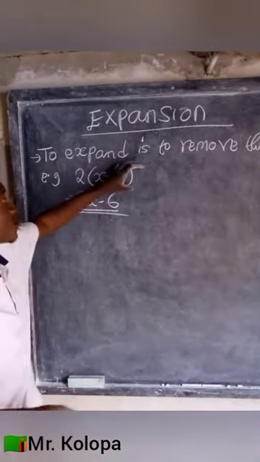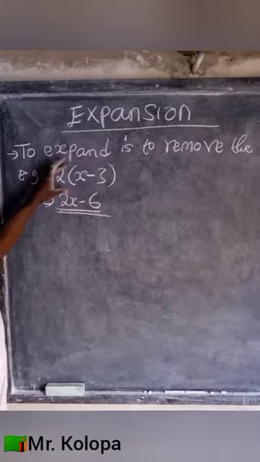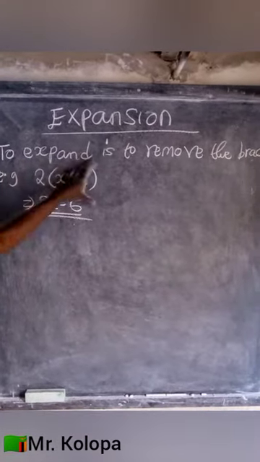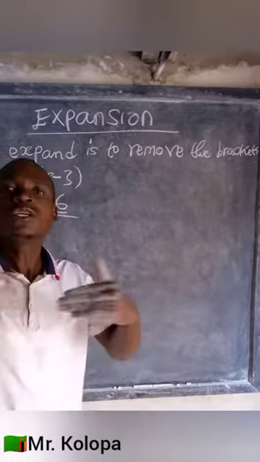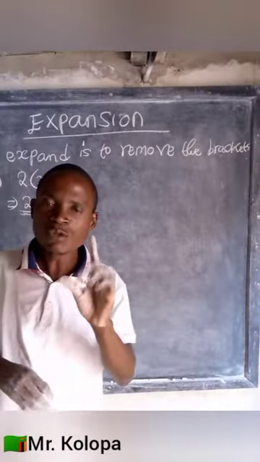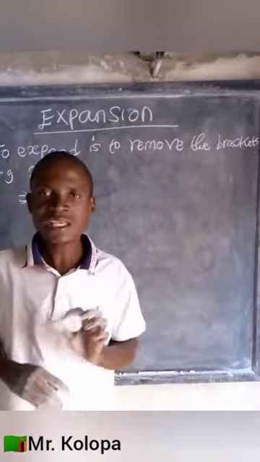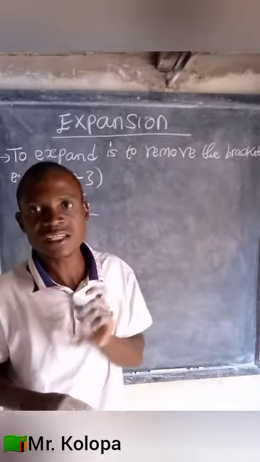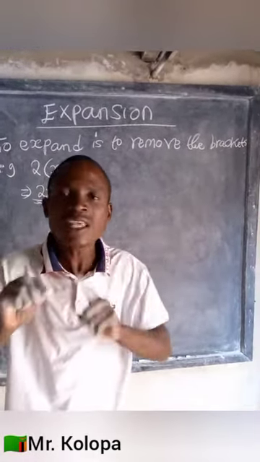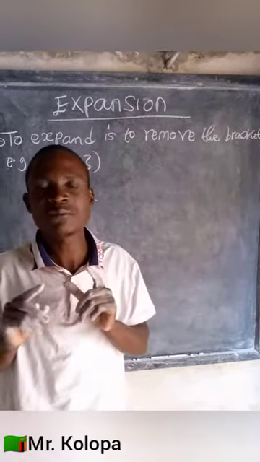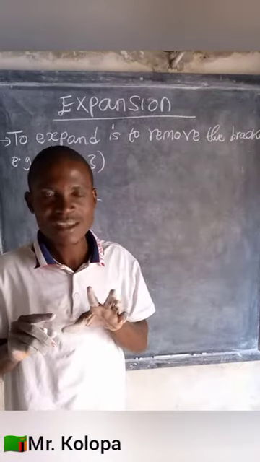This is saying expand. So if you are told to expand this one, it's just a matter of removing the brackets. Now, how do we remove the brackets? You remove the brackets by multiplying the number that is outside the brackets with all the terms that are inside the brackets. Take note of that.